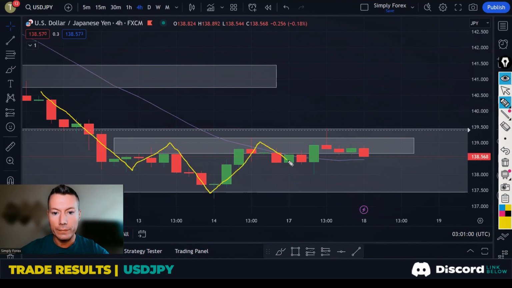And on the H4 we still haven't broken these highs. We thought at one point we would, but then this candle closed back inside this high. So we still haven't had a break of this grey zone. As soon as we do, it realistically has to become a break of this high now. But as soon as we do, I'm interested in US dollar, Japanese yen.